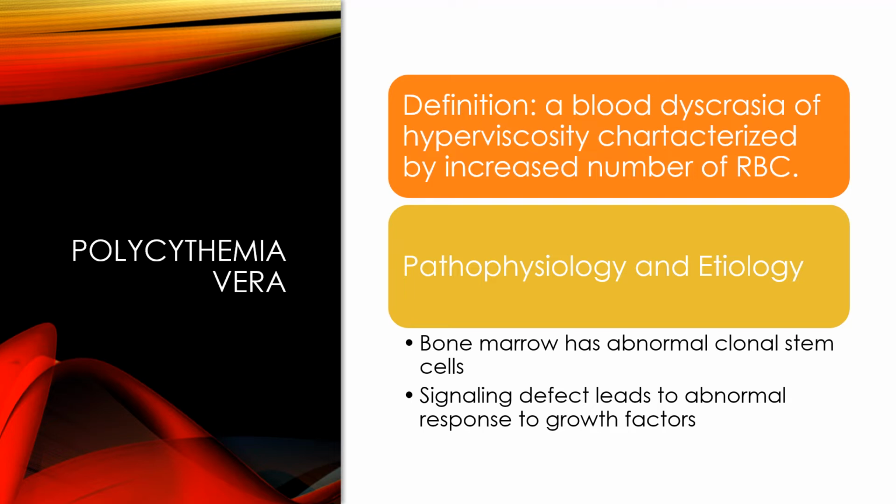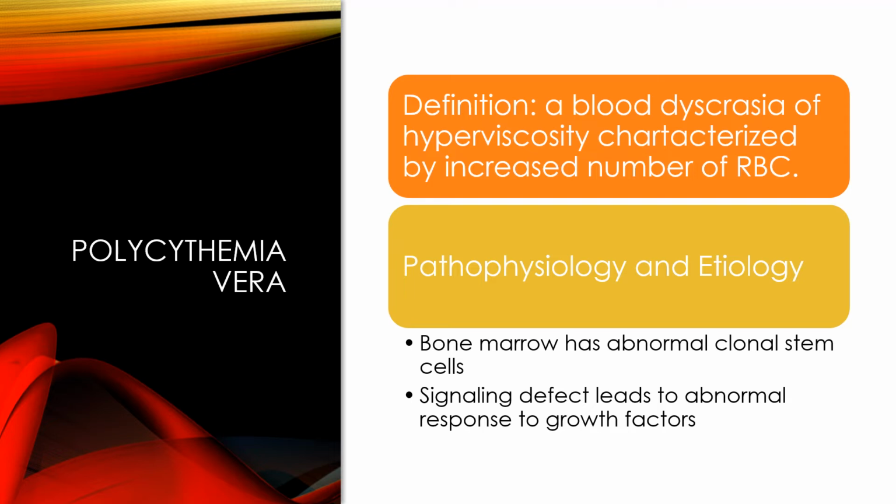When we're talking about the pathophysiology of this condition, the bone marrow of patients with polycythemia vera contains normal stem cells and abnormal clonal stem cells that suppress normal stem cell growth and maturation. And then the etiology of the disease process appears to be neoplastic proliferation.